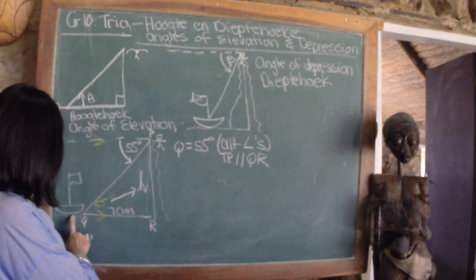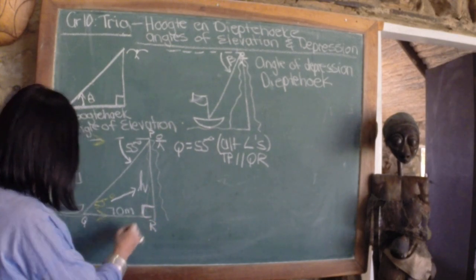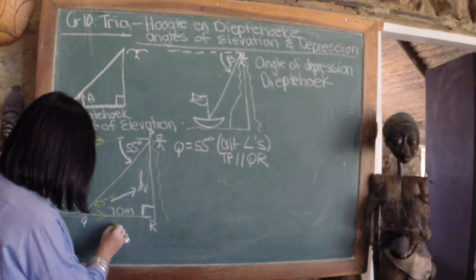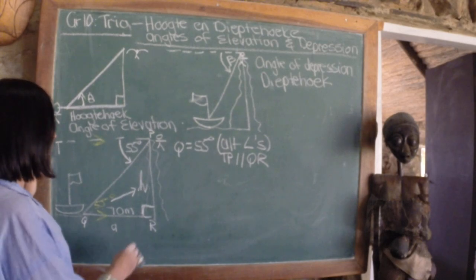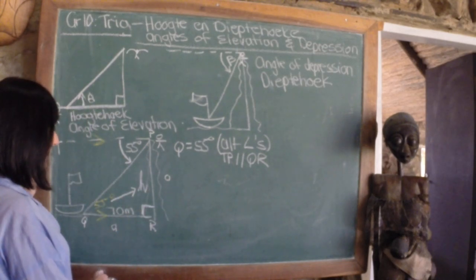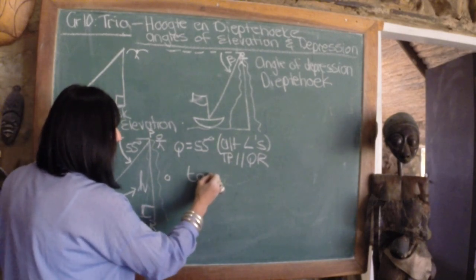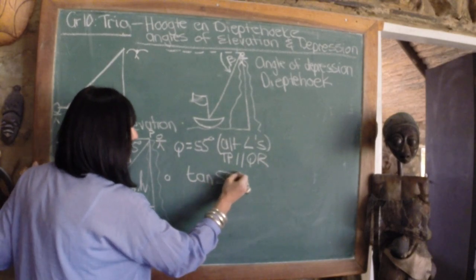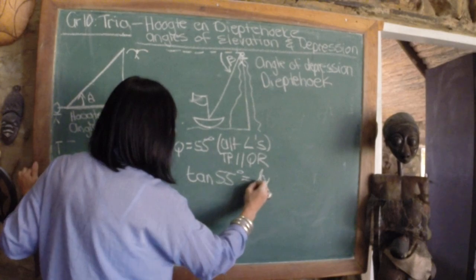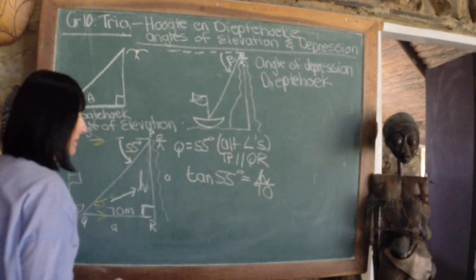So daarom kan ek sê die aangrensend, that's a 90 degree angle over there, the adjacent side, 70 meters. So I need the opposite, I've got the adjacent. So ons gaan vir tan gebruik. The tangent of 55 degrees equal the opposite, wat h is, op 70 meter, adjacent side.